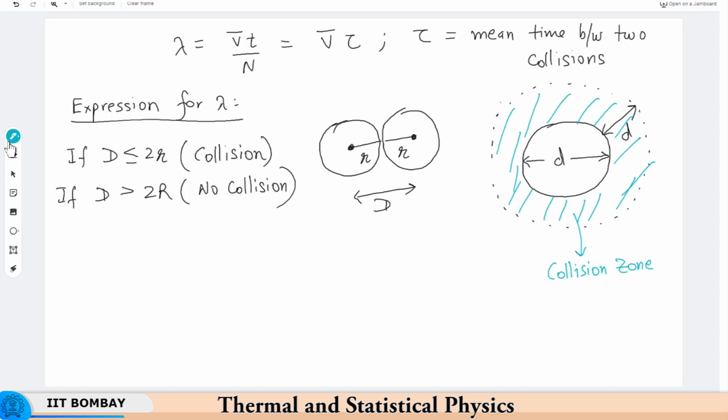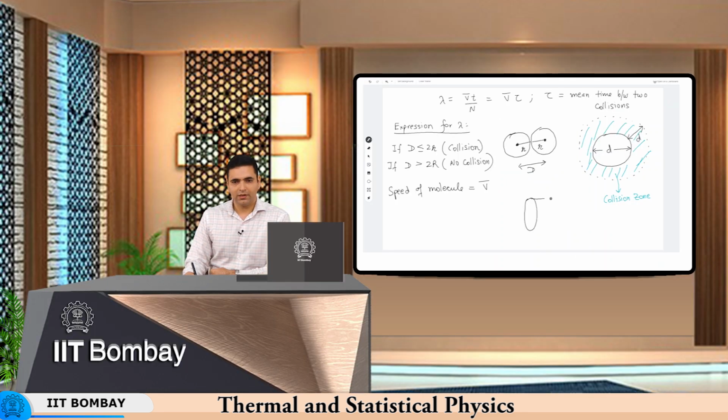So, remember, the speed of the molecule, like we saw, is basically V average, right, and over a time t, this gas molecule will trace out a volume in space which looks like a cylinder, right, whose length is V t, and the radius of that cylinder will be d.